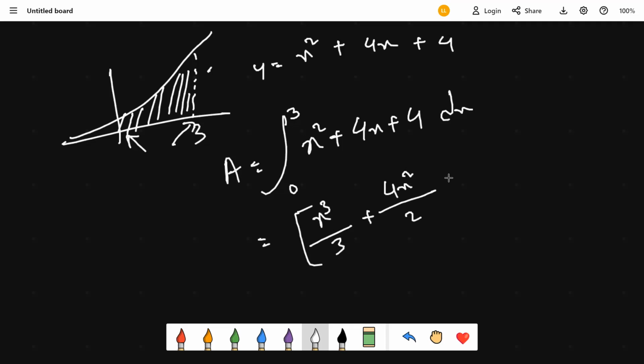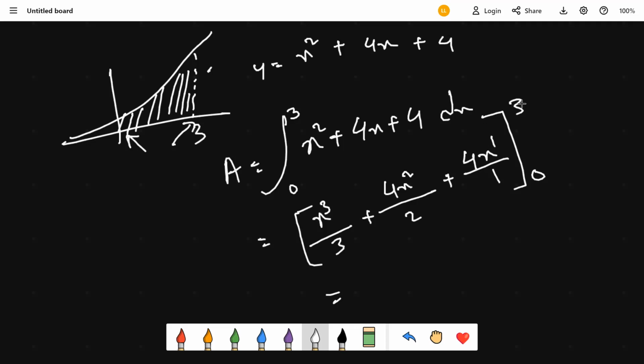The power also goes in the denominator, so 2. And 4x to the power 1 over 1. Writing that 1 and not writing that 1 is the same thing. And remember, we are not going to include any constant c here. Now write the limits, 3 and 0, at the right corner of the ending bracket.